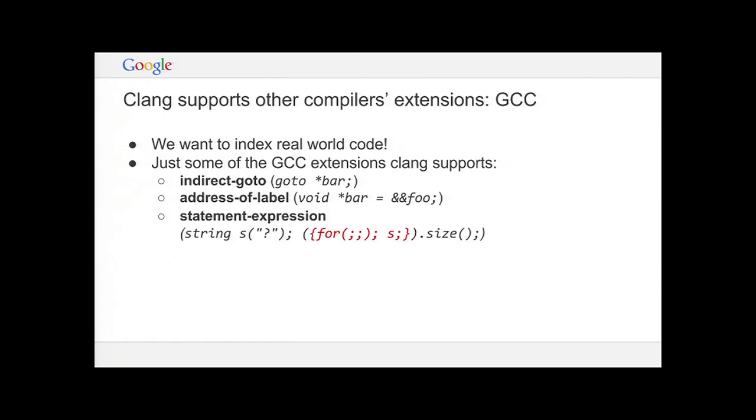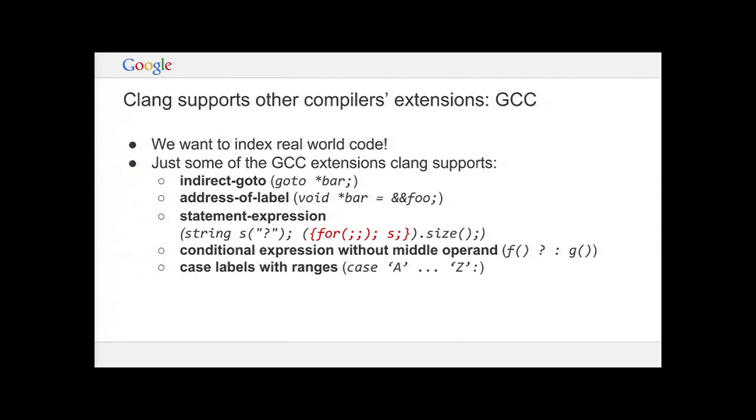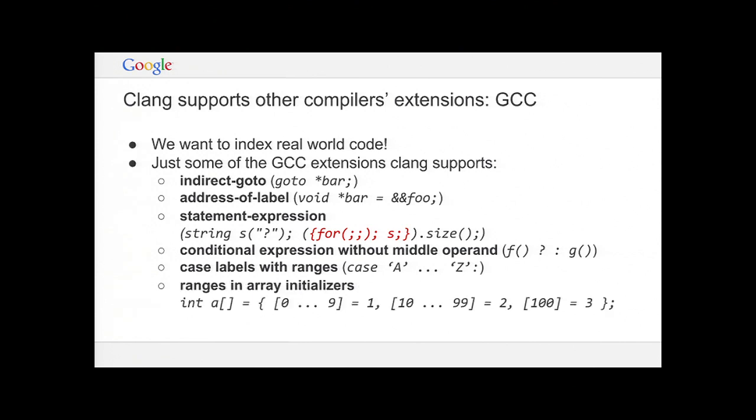Statement expressions. I guess these are no longer cool now that we have lambdas. Conditional expressions without the middle operand, and I think these are still kind of neat. This means call f, and if it's not null, use the result without calling f again, otherwise call g. Case labels with ranges, ranges and array initializers, and so on.